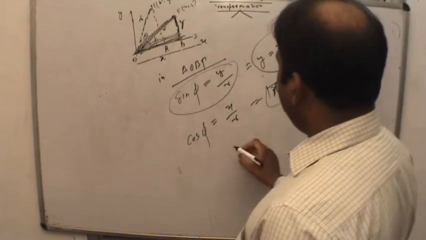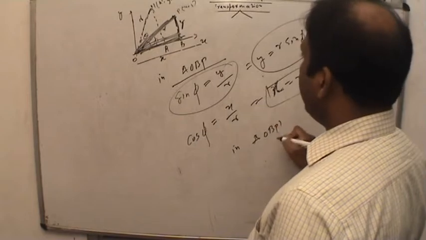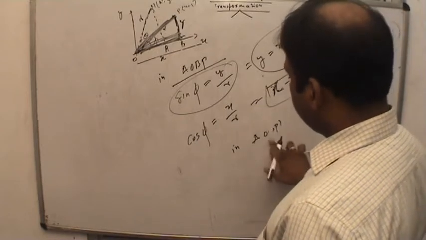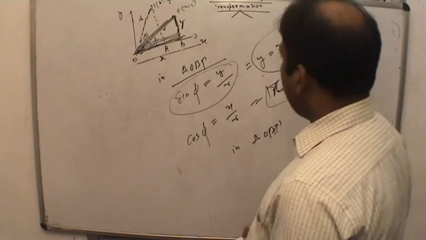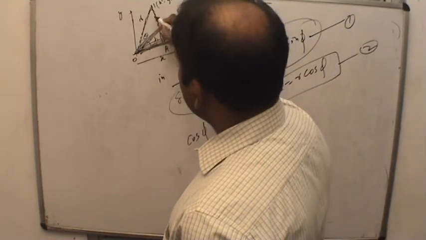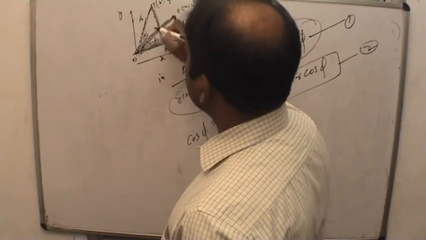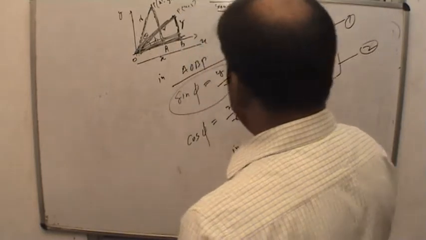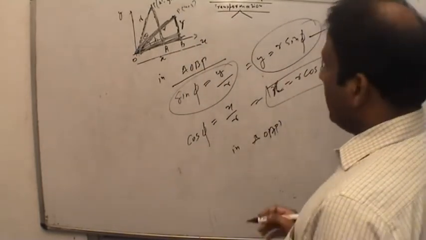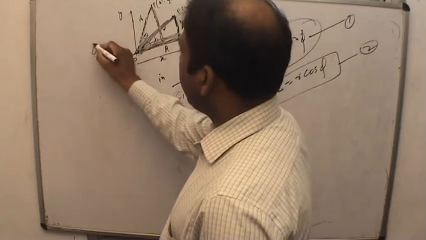Now we are going to discuss this triangle OAP dash. We represent this P dash, and this angle is going to be phi plus theta.